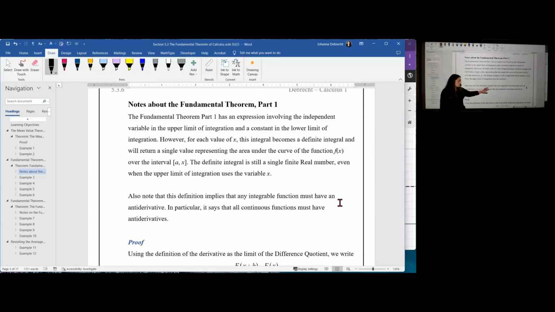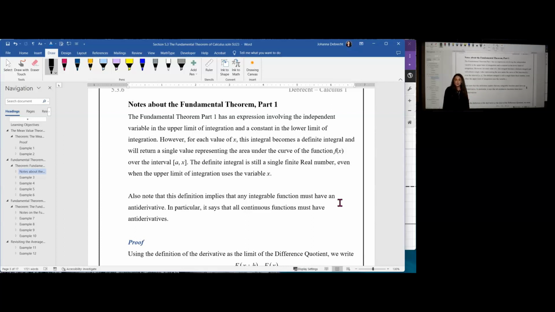This also implies that any integrable function must have an antiderivative. If we can integrate that, and it's equal to an antiderivative function, which it is because uppercase F, when we take the derivative, gives us lowercase f, then we must be able to find an antiderivative for any integrable function.